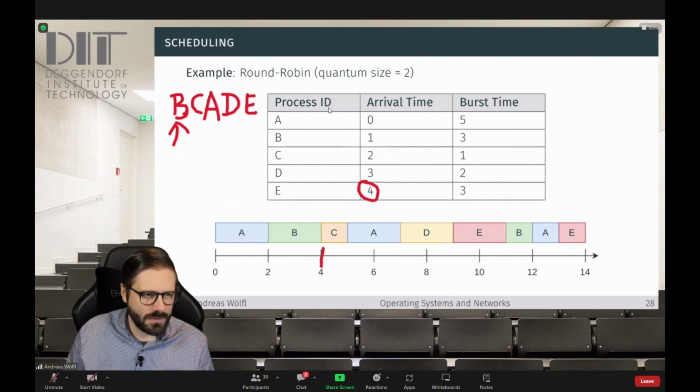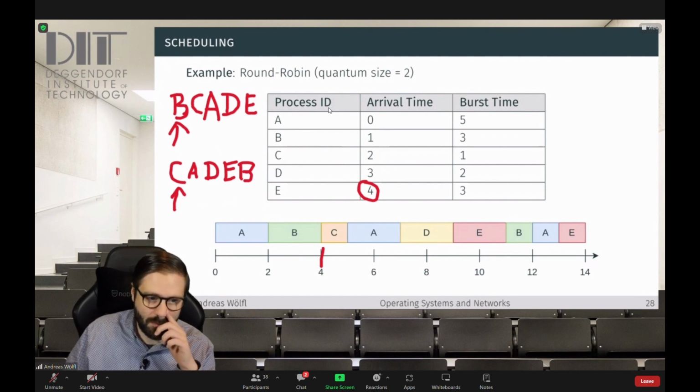Then we do the context switch. So C, A, D, E, and then B, and we start executing. This is what's happening on time 4.